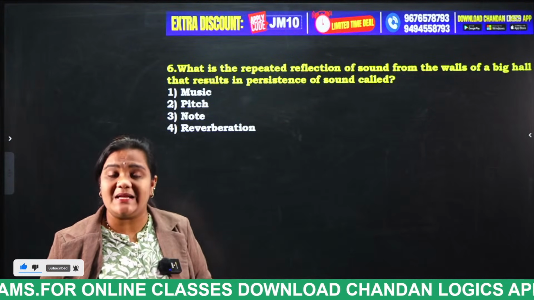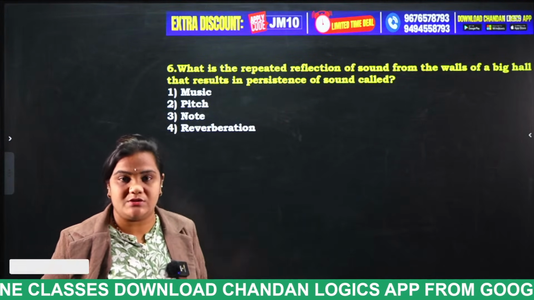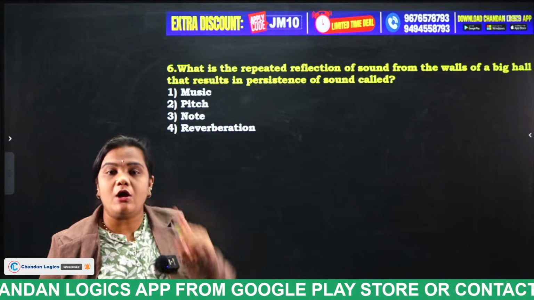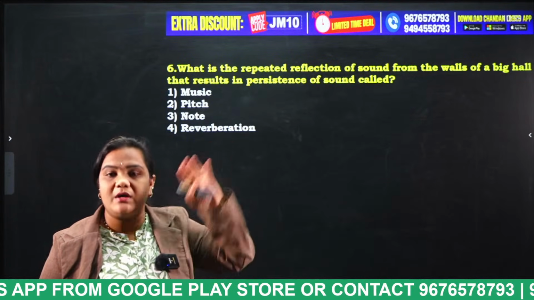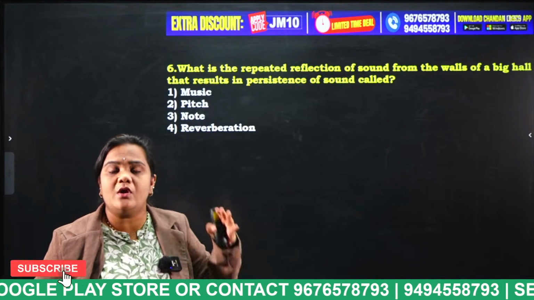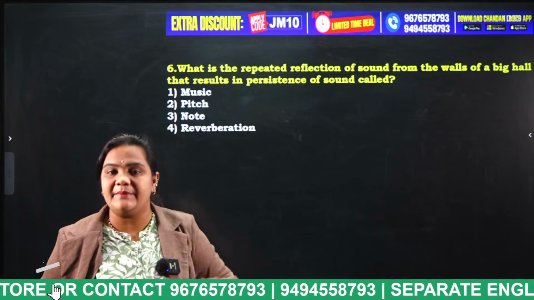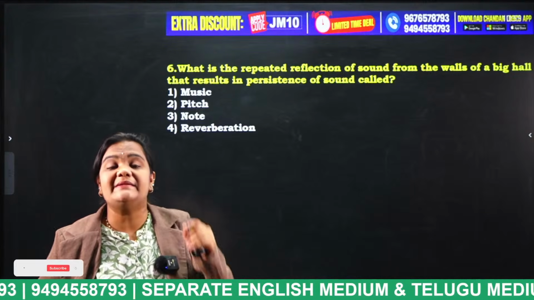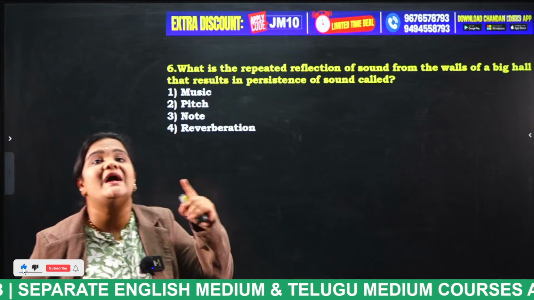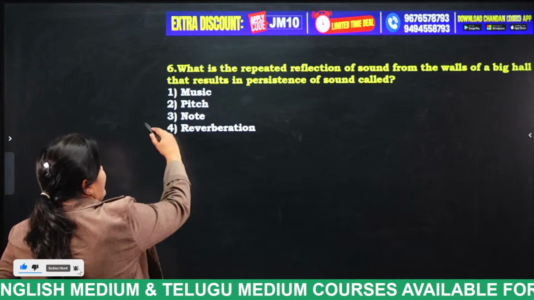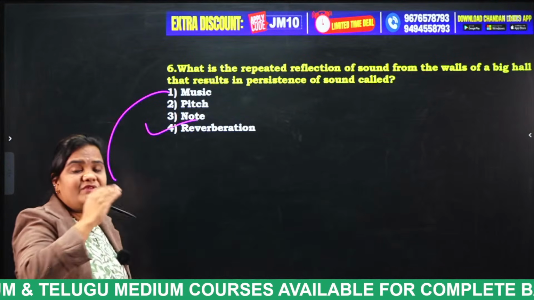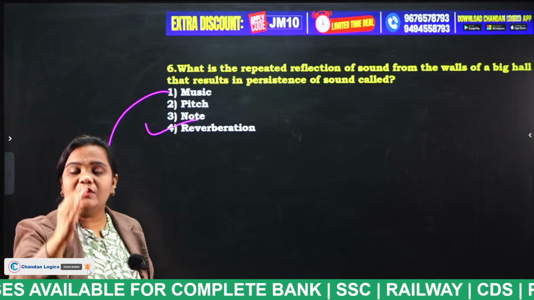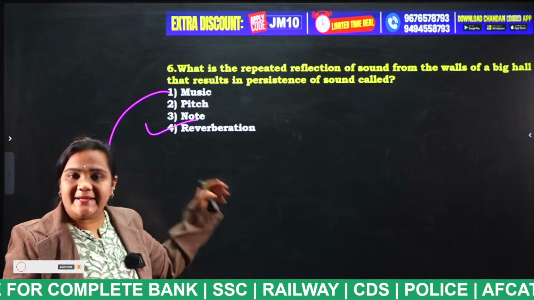Reverberation is nothing but a reflection of multiple sounds. For example, imagine there is a very long hall with a lot of reflecting surfaces. If the sound is repeated, undergoing multiple reflections, that phenomenon we call what, students? Reverberation. Very good. And music is nothing but a very good, pleasant manner of frequency; we call it what, students?